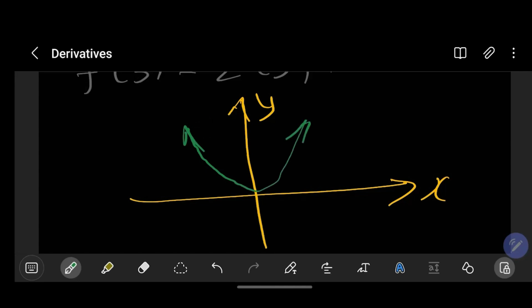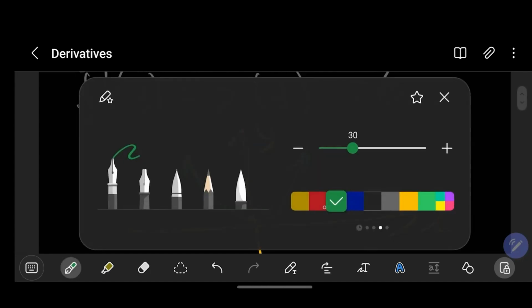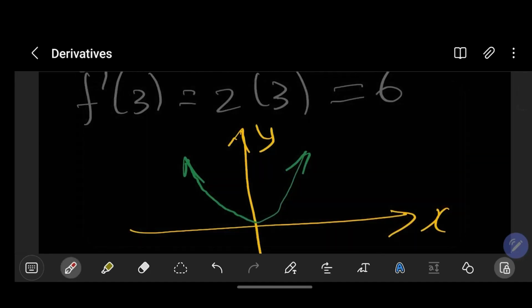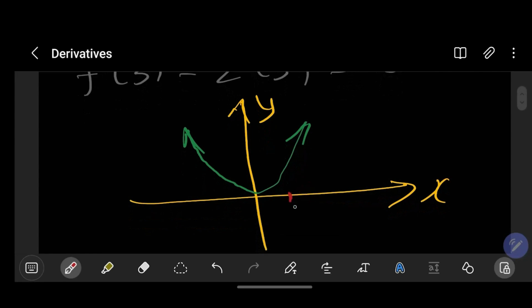Excuse the drawing, but at x equal to 3, so let's say we have 3 here, we will have the tangent line that passes at one point, and that slope, or m, is equal to 6, as we calculated.